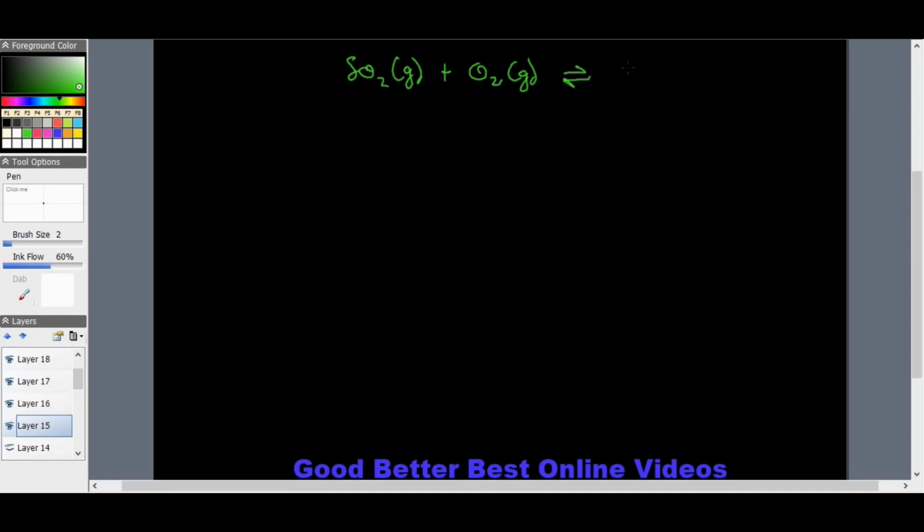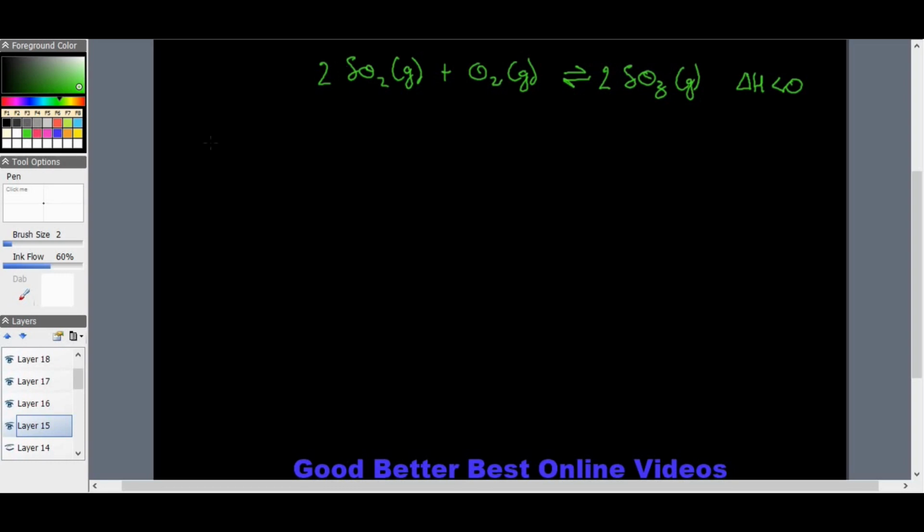And of course we get SO3 gas, with enthalpy being less than 0, which we should remember from grade 11. And we balance the equation. So that should be 2 and 2.